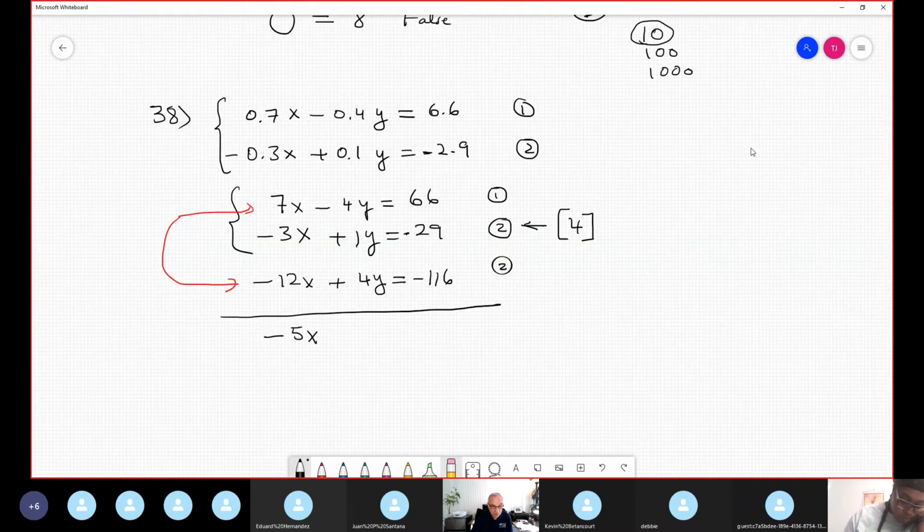So 12 and 7, positive 12 is negative, subtraction. This is cancelled out. That was the intention. And negative 116 minus 66 is minus 50. This and this together is 50. Divided by negative 5 is 10.